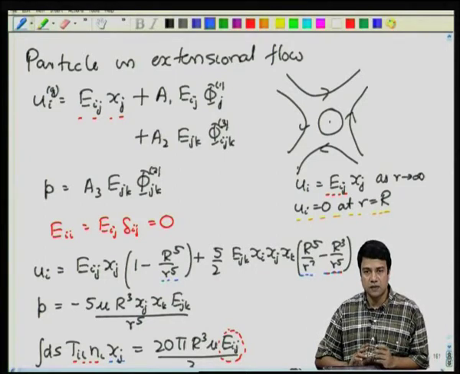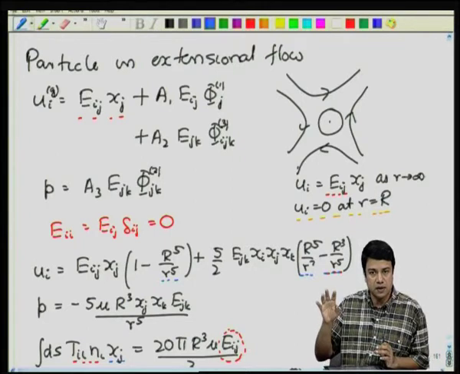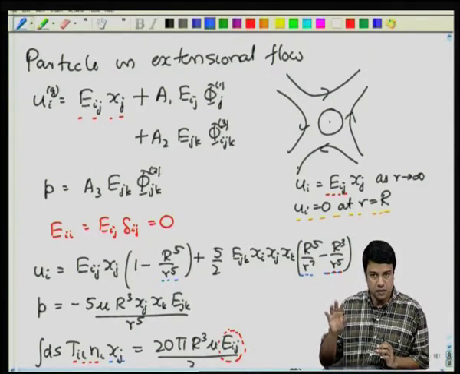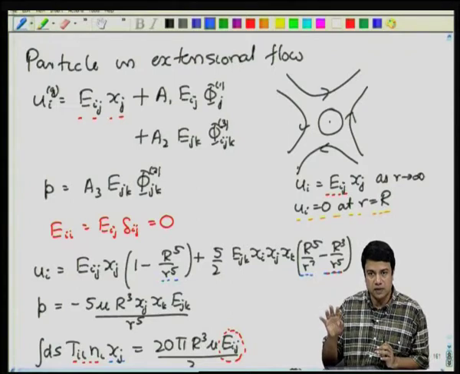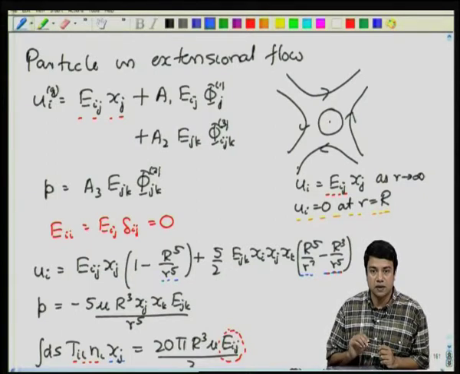If I try to integrate over the entire volume, at a given location x, the velocity disturbance due to another particle located at distance r decreases as 1 over r². If I integrate over all space, the volume increases proportional to r³, and therefore I will get something that diverges as r goes to infinity. It turns out that you have to do the calculation carefully, taking into account the renormalization of the forces.